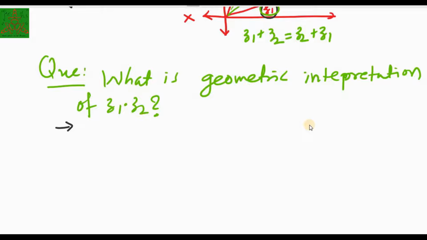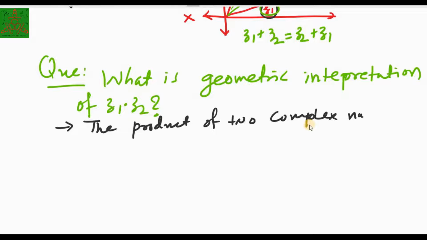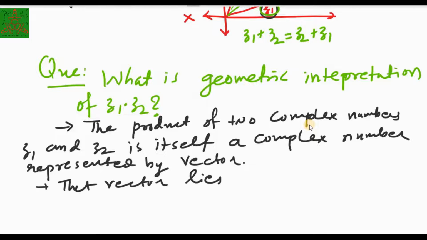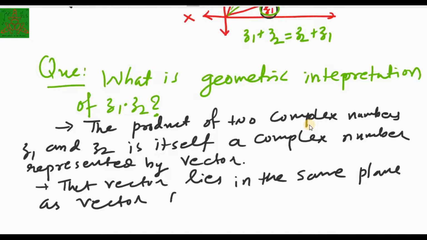The product of two complex numbers z1 and z2 is itself a complex number represented by a vector. So the product of these two will again be a vector, and that vector lies in the same plane as the vectors for z1 and z2.